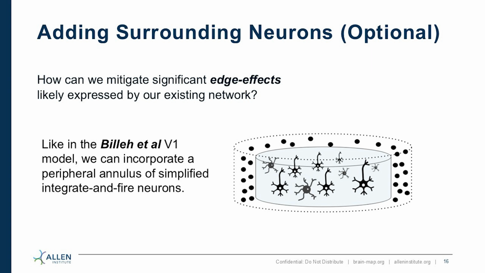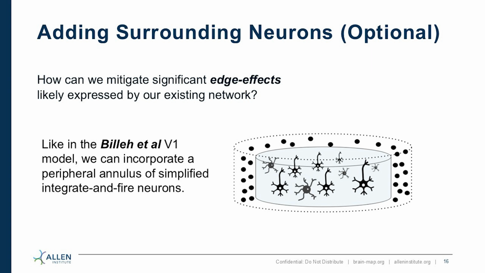The issue is that our initial network sits within this cylinder, and we have distance dependence underlying connectivity of the cells, and so there's going to be edge effects. The cells on the periphery of our column or our cylinder are going to have fewer connections than the ones in the center. How can we mitigate this without creating something that's overly computationally intensive?